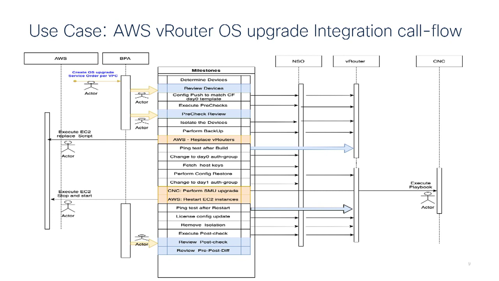Then it reviews the devices, and then it will do a config push to match. There are some workarounds that we have to push here to change the configurations, because the devices that get created newly using the new CloudFormation template versus the existing devices use two different config or CloudFormation templates.